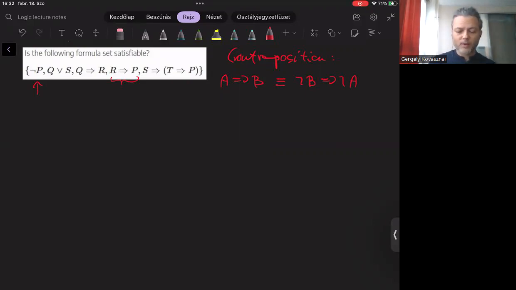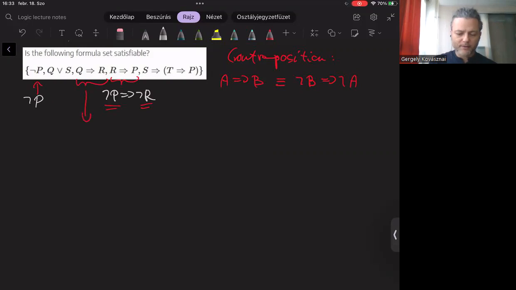So this is why we can translate this R implies P to not P implies not R, which is cool because since we have not P here, we know that P must be false. From this fact, we can imply other facts like R must be false as well, right? It's negated. Okay, so let's do the same trick to this formula here.